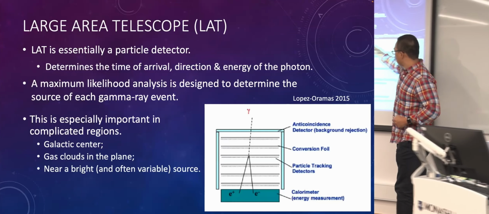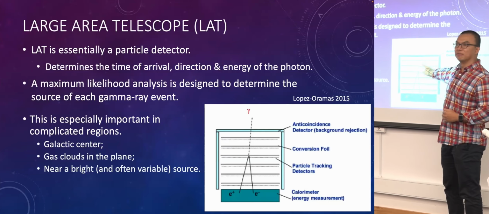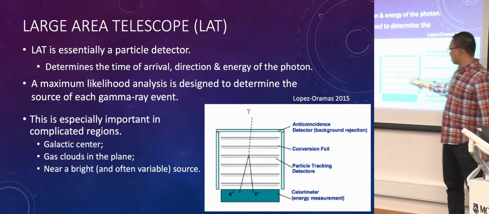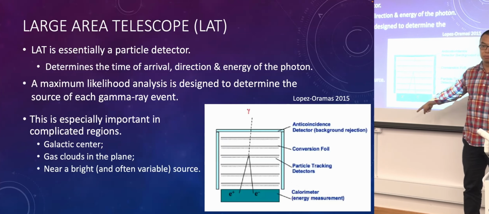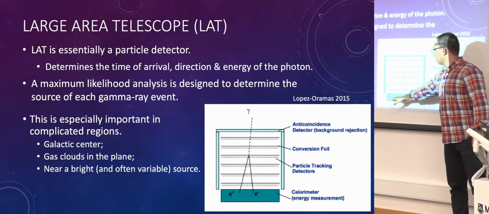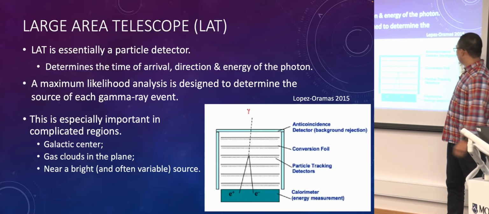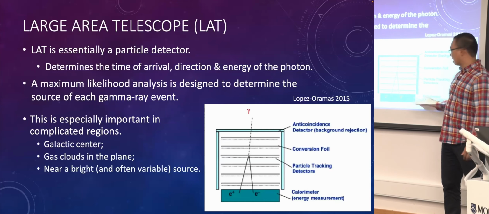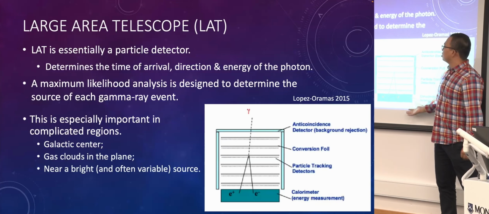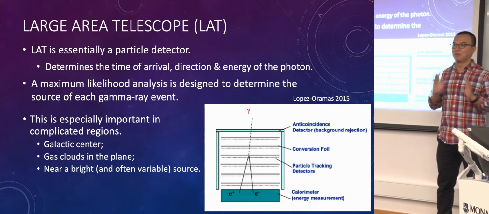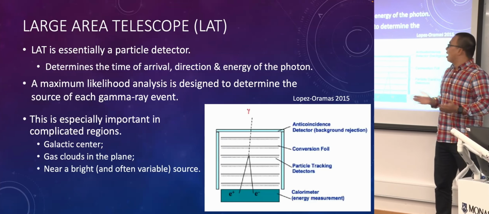So when the gamma ray comes in, it hits the conversion foil and it gets converted into pairs of electrons and positrons, which move down the particle tracking detectors and then eventually hit the calorimeter. So this whole process can give us time of arrival, directionality, and the energy of the incoming gamma-ray photons. So we have all that information for each individual photon.